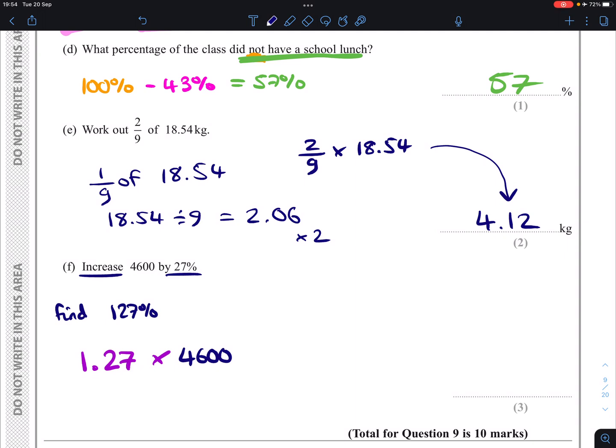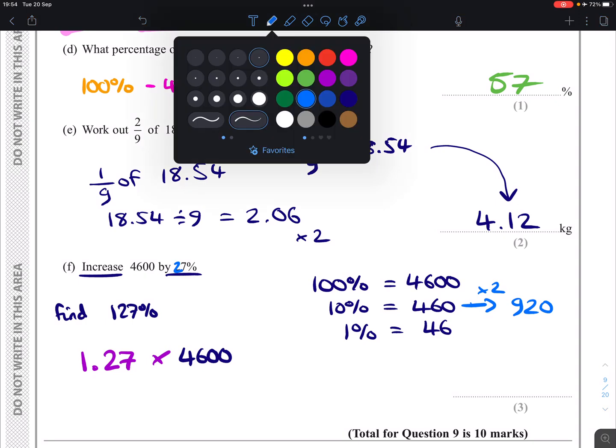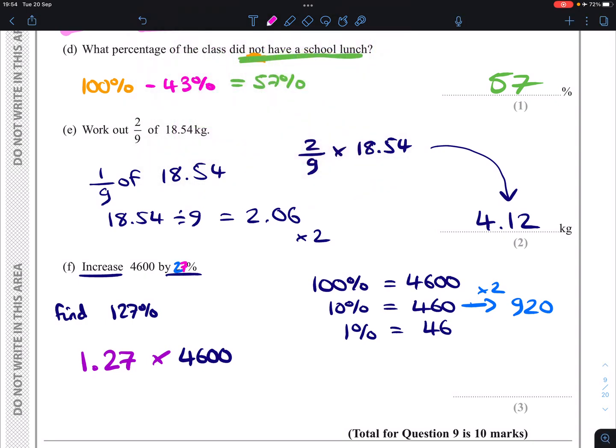Your alternative option here is, we know that 100% is 4,600. So we could find 10% first of all, by dividing by 10. We could find 1% by dividing by 10 again. And then from there, if I want to get the 20 part, I can double the 10% to give us 920. To get the 7% part, I can multiply the 1% by 7 to get 322.